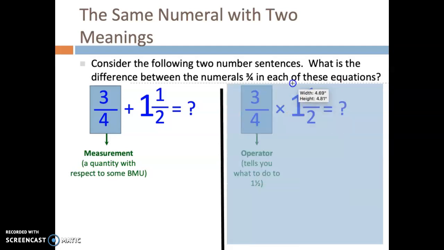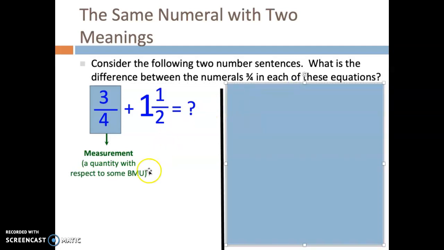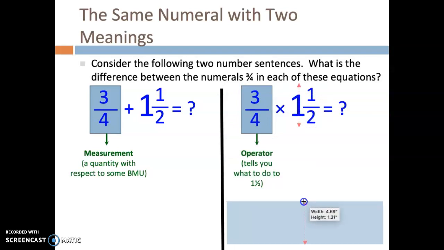And let's come back over. Again, help your students refocus. 3/4 plus 1.5: measurement, and 3/4 here is the quantity with respect to some BMU. Second number sentence, 3/4 times 1.5. 3/4 then becomes the operator. It tells you what to do to 1.5.